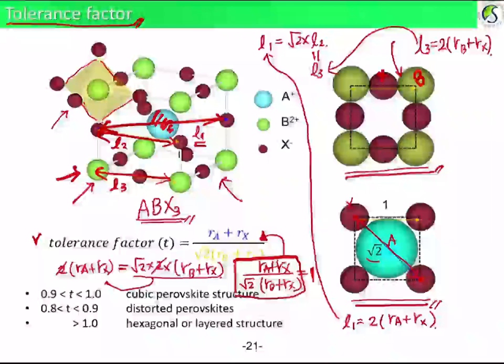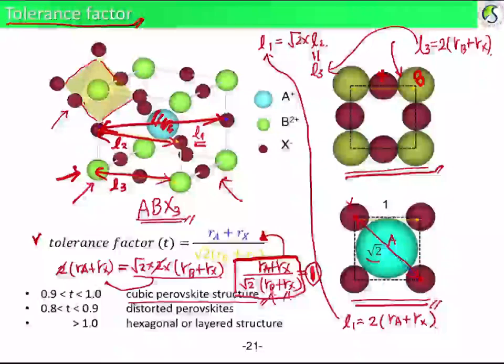So you can see that this corresponds to the definition of the tolerance factor. Ideally, we should get the tolerance factor of 1 to form the cubic perovskite structure, but it can deviate from the 1 depending on each ionic radius.